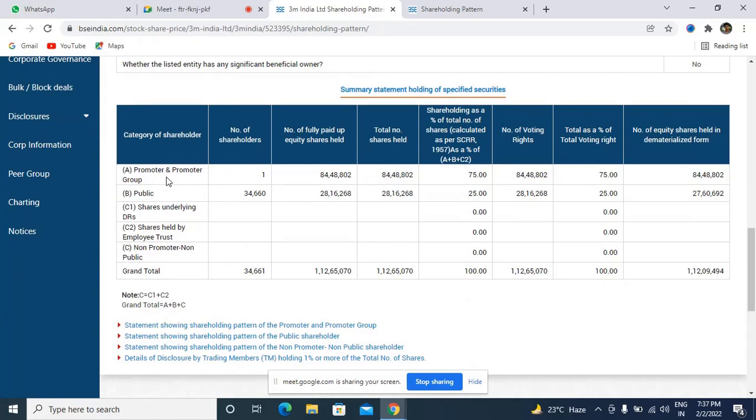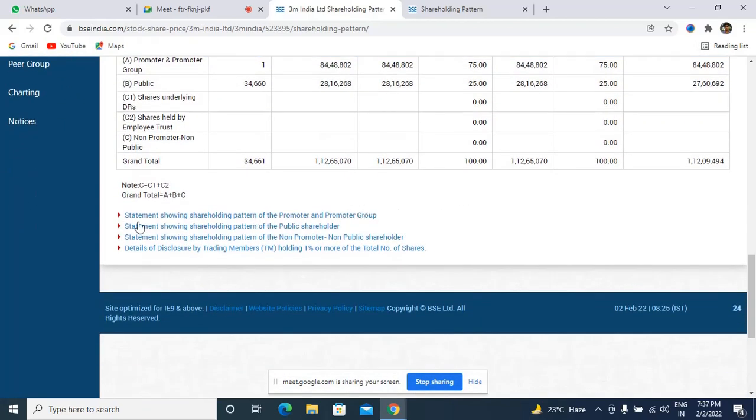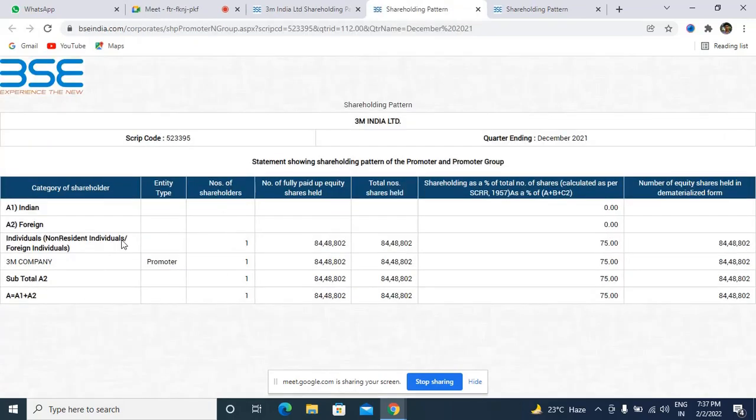Are you guys able to see? There is promoter and promoter group holding 75% of the shares of this company, and the public holds only 25% of the shares, right? If you scroll down to the statement showing shareholding pattern of the promoter and promoter group and click on it, you can see that there is no Indian promoter for this 3M India Limited.